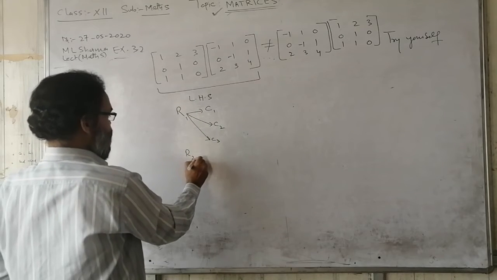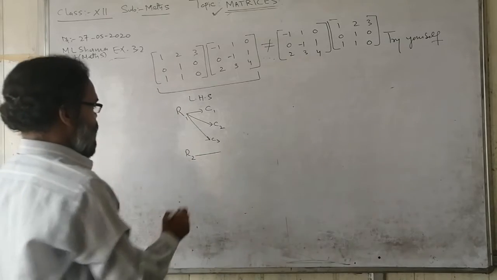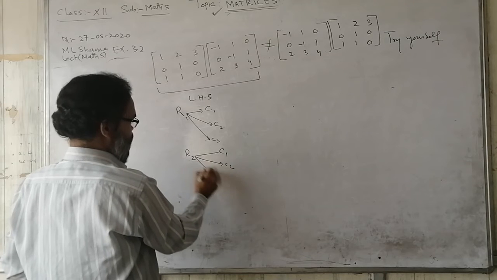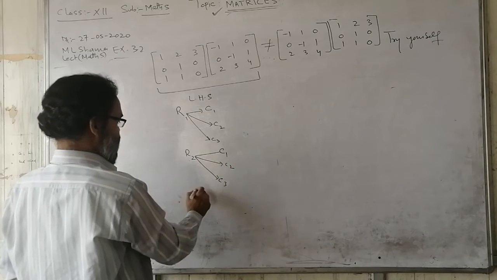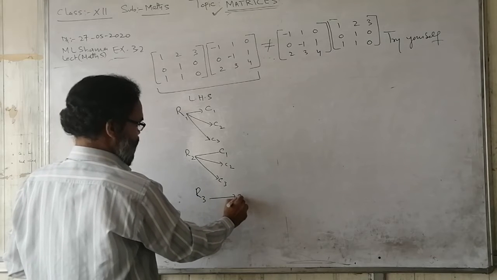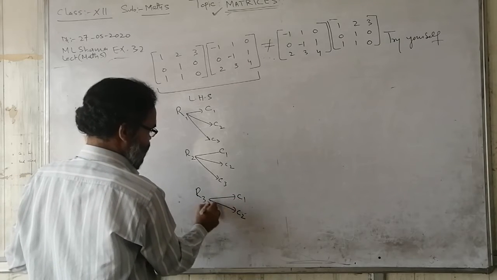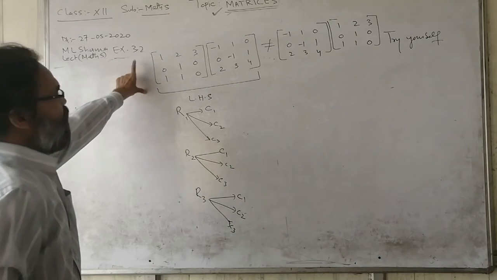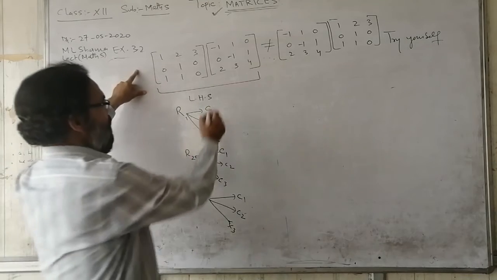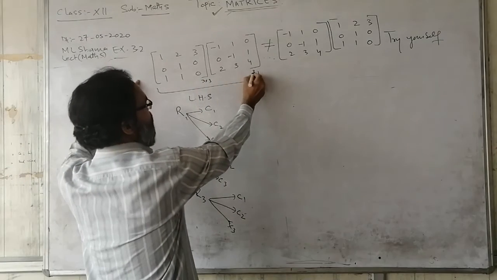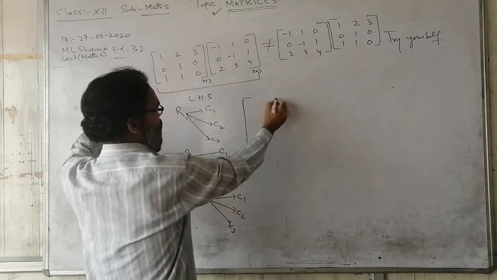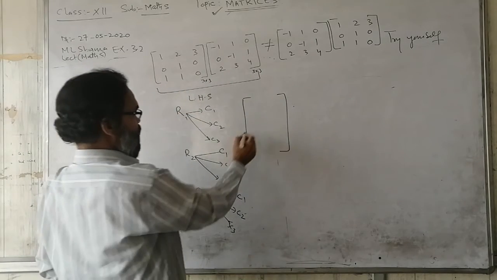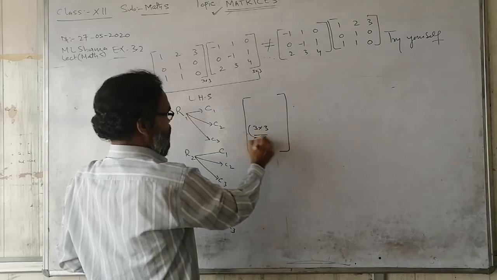Then R2, the second row is to be multiplied by C1, C2 and C3 elements. And lastly, R3 is to be multiplied by elements of C1, C2 and C3. So in this way, get the product of these two matrices. Again, it is a 3 by 3. So the product obtained as the multiplication of these two matrices will again be a 3 by 3 matrix.